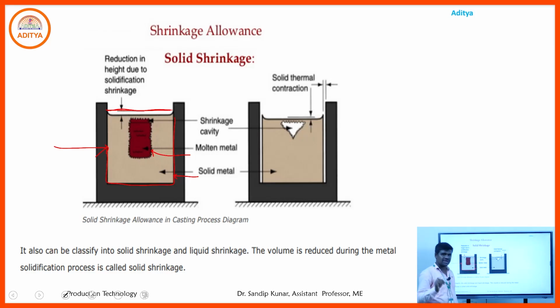After solidification, it comes down to this position. That is the shrinkage, the solid shrinkage of the molten metal.